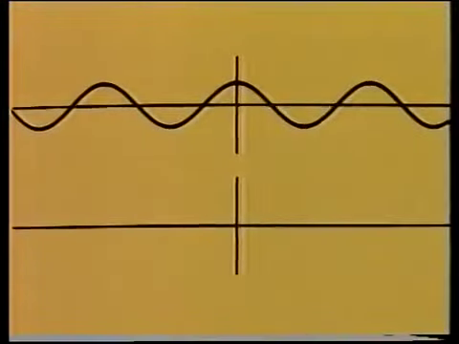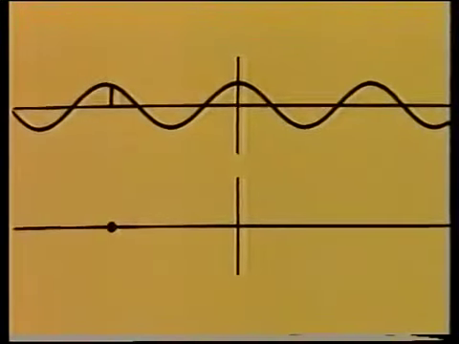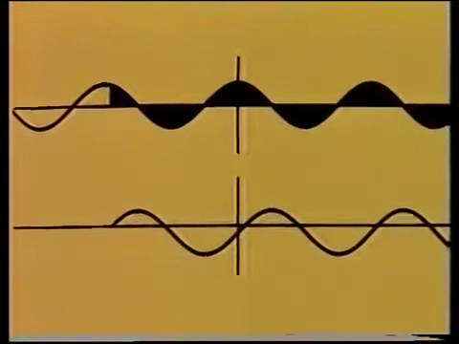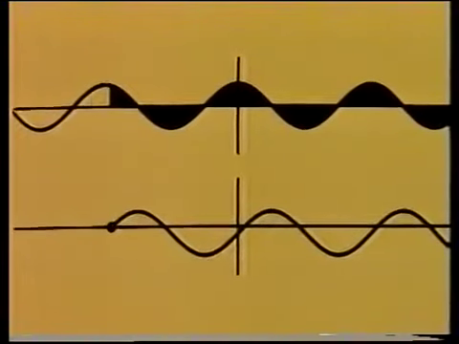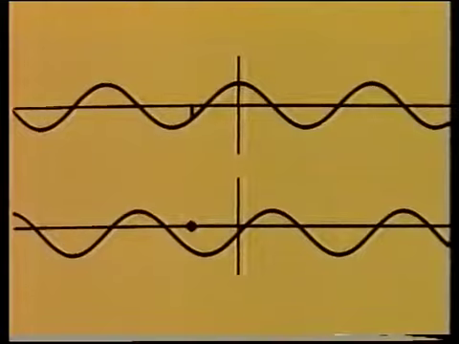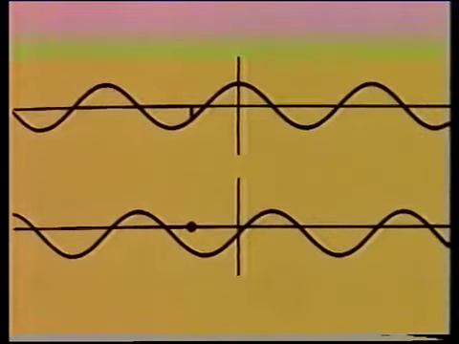Here is the cosine curve, and let's take this point as our starting point. What does the area-so-far function look like? Now let's take a different starting point, so that the area-so-far function is 0 at this point.